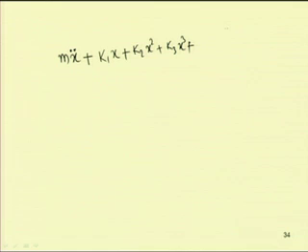The final equation for the nonlinear system may be in this form: m x double dot plus k1 x plus k2 x square plus k3 x cube plus, using the damping, c x dot, equal to f sin ωt.